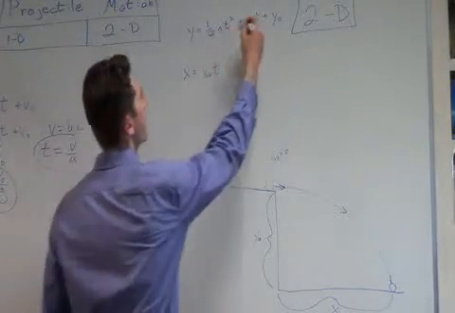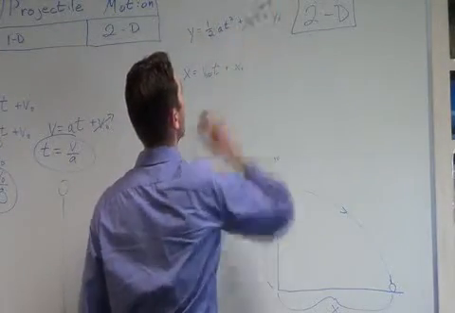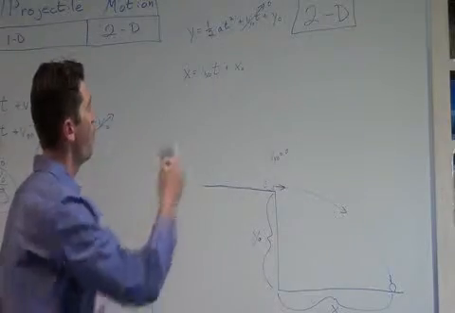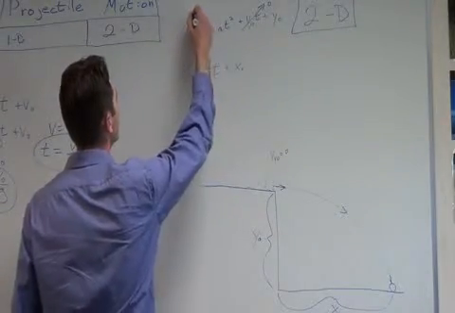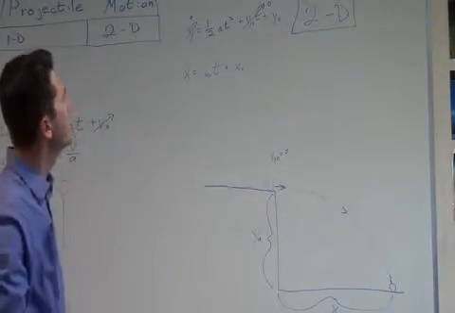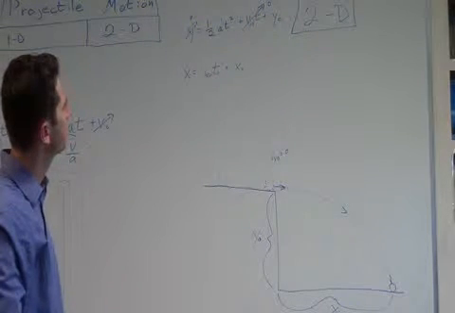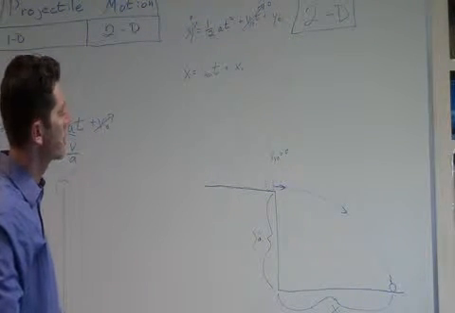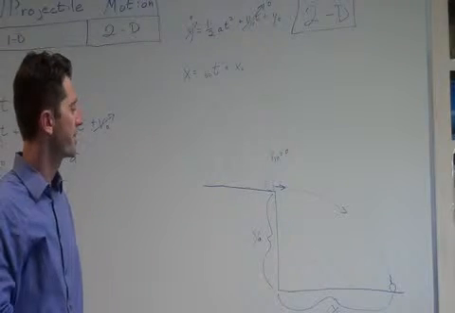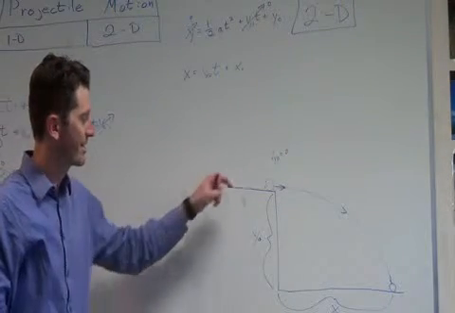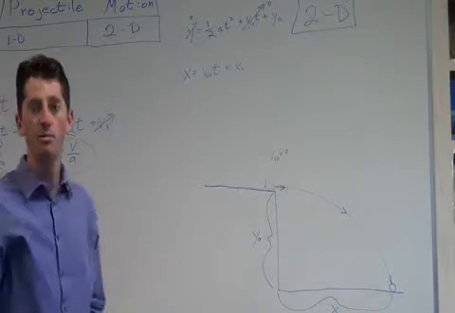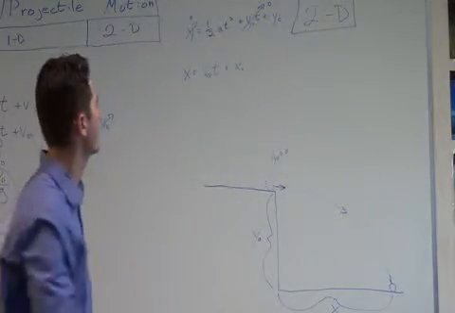Vy naught is equal to 0, so that term goes to 0. y at the very bottom is going to be 0 as well. And since the direction of travel is going to be in the same direction as the acceleration, I'm just going to make both positive.